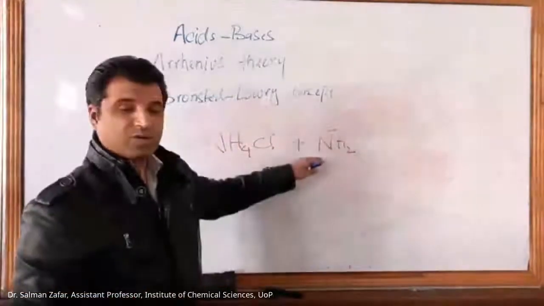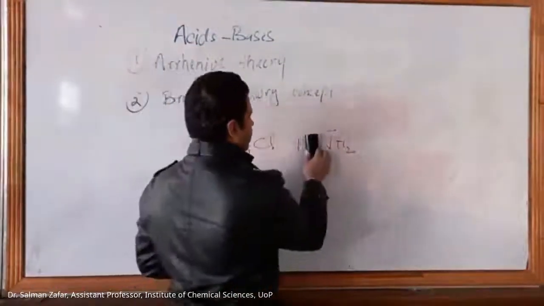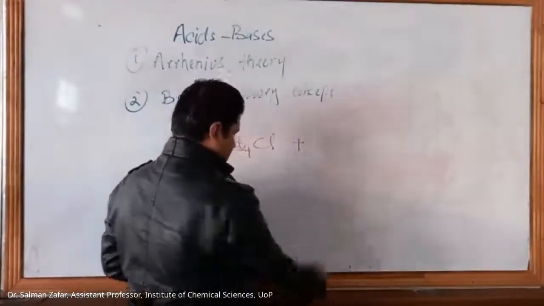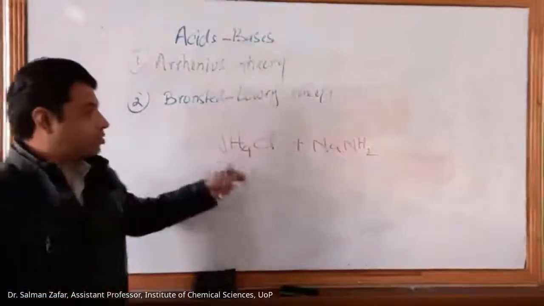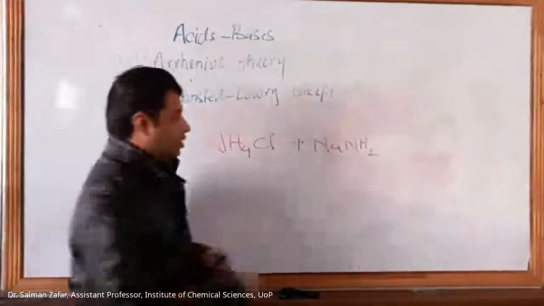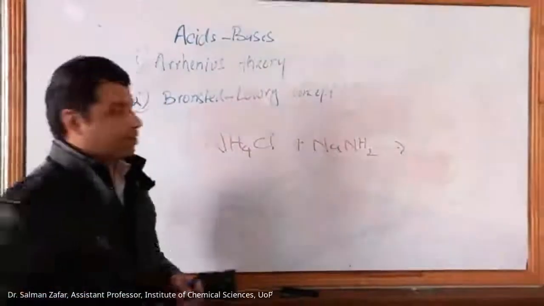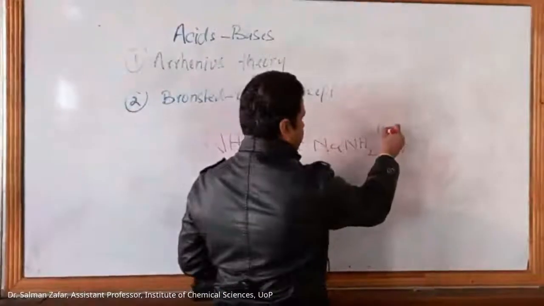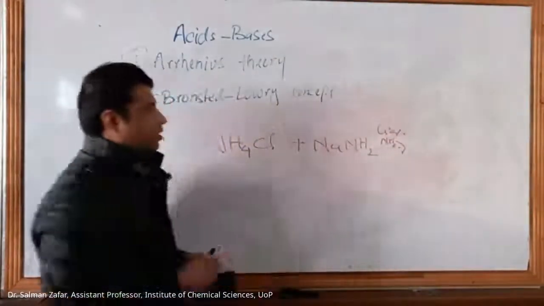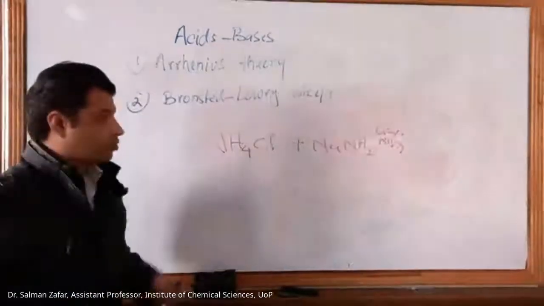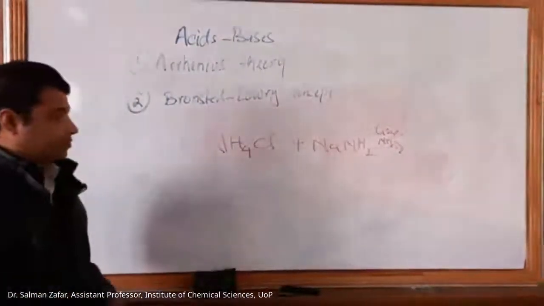This is known as an amide ion. Let me write it in the form of molecules. Sodium amide, right? So we have ammonium chloride and sodium amide, and this reaction occurs in liquid ammonia. Liquid ammonia is a solvent, and reactions can take place in liquid ammonia.